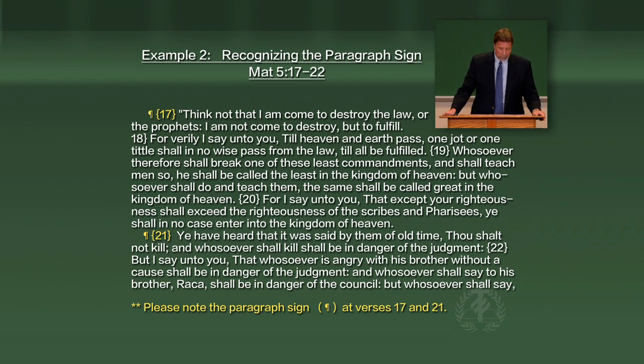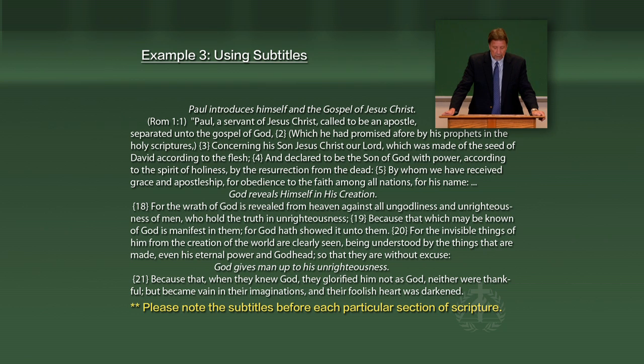A third method of dividing each chapter into sections is to utilize subtitles already placed in most study Bibles. These Bibles will have subtitles that describe actions or what's taking place in a particular grouping of scriptures. However, these subtitles may not necessarily match up with scholarly divisions in regard to the grammar that involves a paragraph.